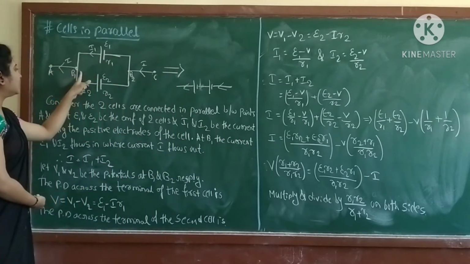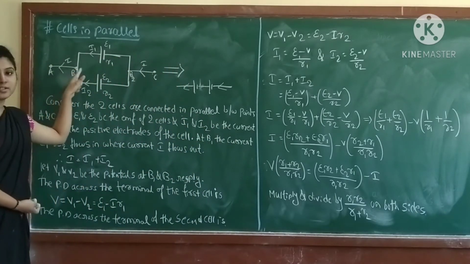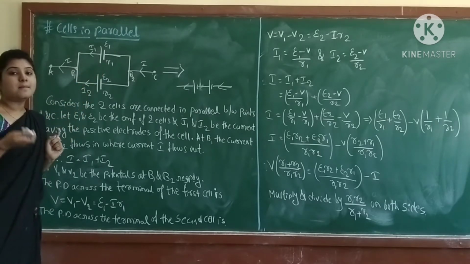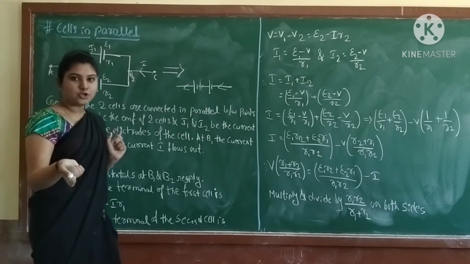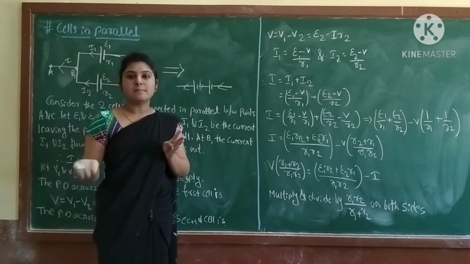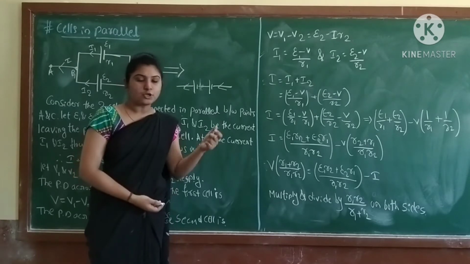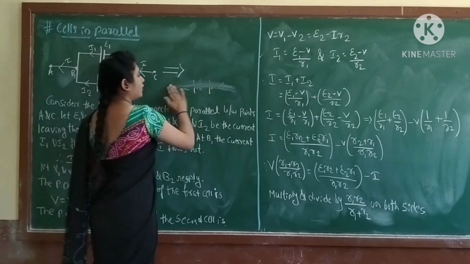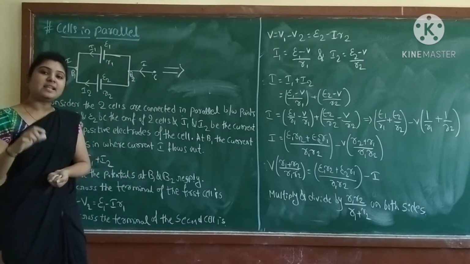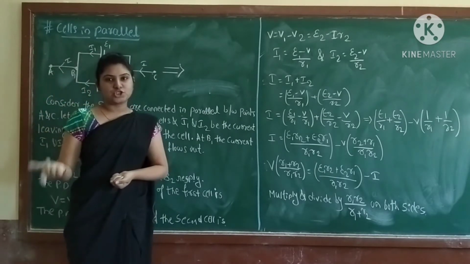Here one path is present, here another path is present. So there are more paths for the current in the parallel direction. That is the difference between the series combination and the parallel combination. So today we are going to discuss the next concept, that is cells in a parallel combination.